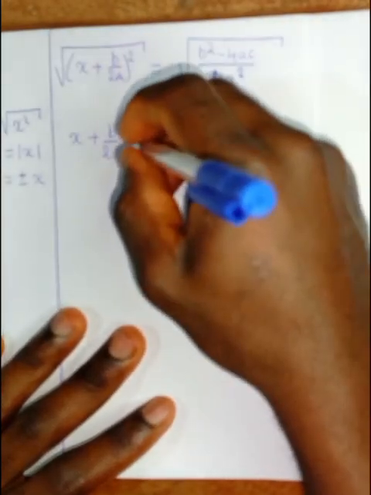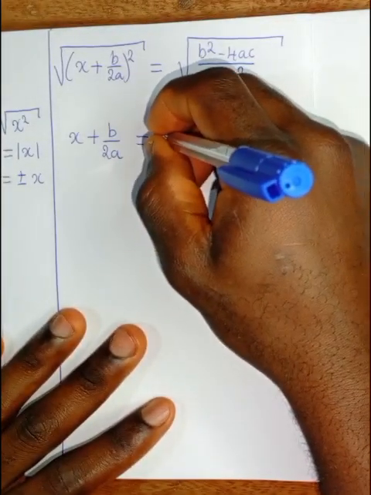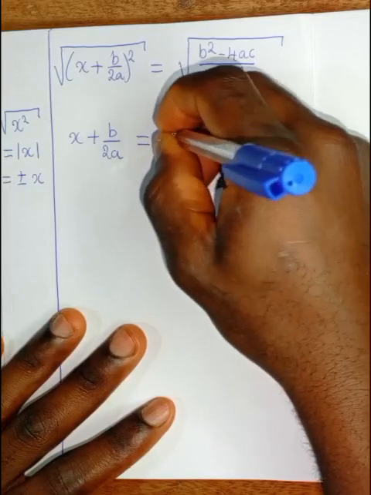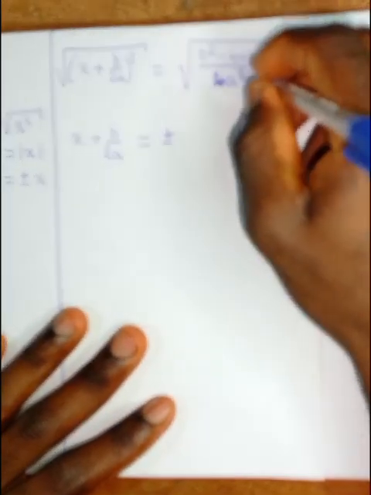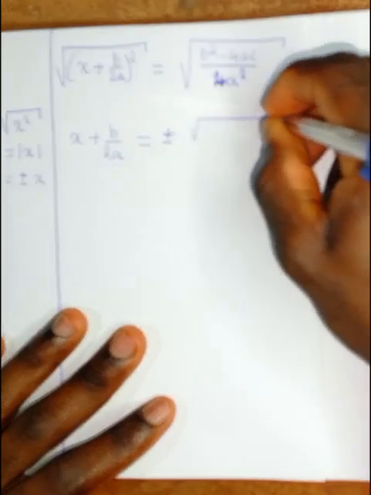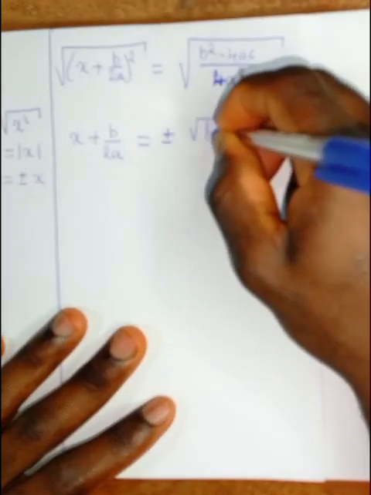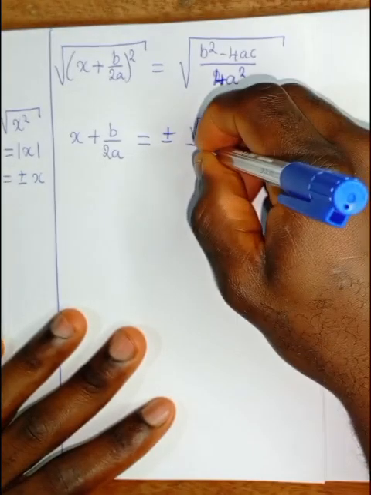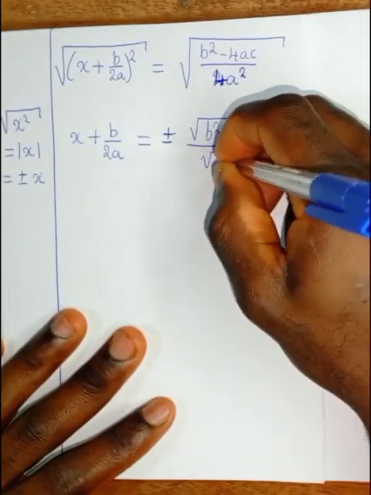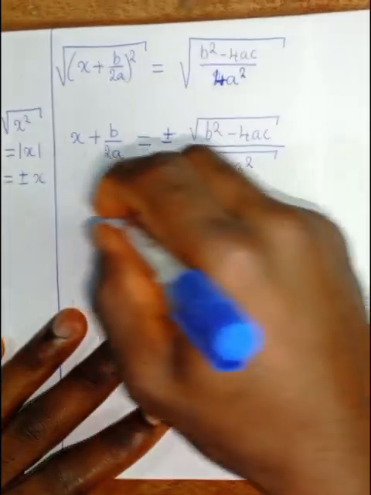This will disappear. It will simply be equal to plus or minus. We are going to break this as the square root of the numerator b squared minus 4ac over the square root of the denominator, which is 4a squared.